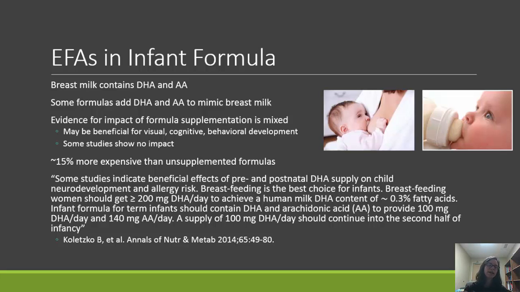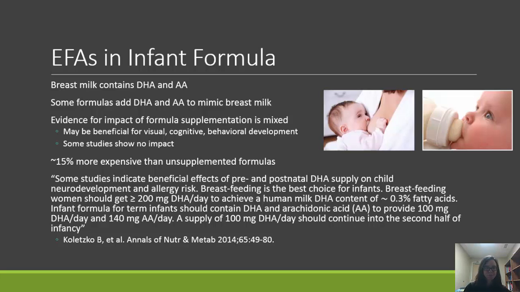So more and more companies are adding these fatty acids, which is great in case they do work. However, they are more expensive than the other unsupplemented formulas, and this can have a big impact on people, especially people who are low income and are purchasing their own formula. So we just want to be knowledgeable about the impact before we recommend these things. I just found a really recent article from 2014 that summarizes where we're at in our understanding right now.